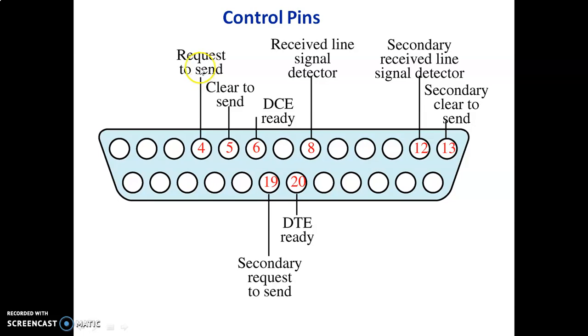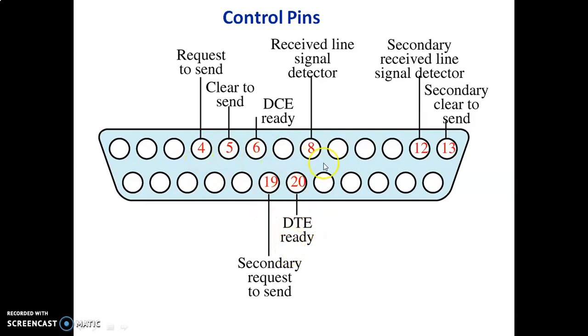These are the control pins: request to send and clear to send. Pin number 4 is used for the request to send signal, and 5 for clear to send. Pin 6 is DCE ready, 8 is received line signal detector, 12 is secondary received line signal detector, and there are secondary clear to send, DTE ready, and 19 secondary request to send.